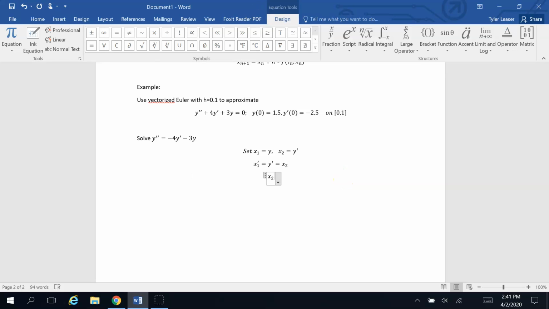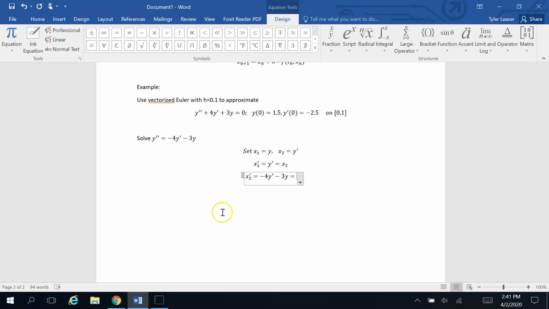And then x sub 2 prime, we want to think of as the derivative of y prime, which is the second derivative, which we already have solved for over here. So x sub 2 prime is negative 4y prime minus 3y, but again, we want it in terms of those x's.